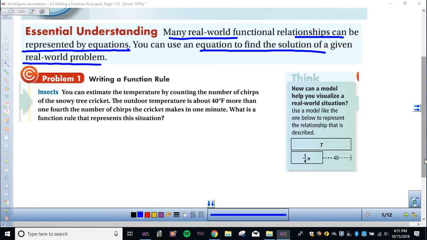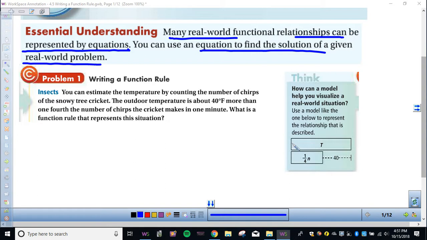If you read this, problem 1, writing a function rule about insects: you can estimate the temperature by counting the number of chirps of the snowy tree cricket. The outdoor temperature is about 40 degrees Fahrenheit more than 1/4 the number of chirps the cricket makes in 1 minute. What is a function rule that represents the situation? So you can estimate the temperature.